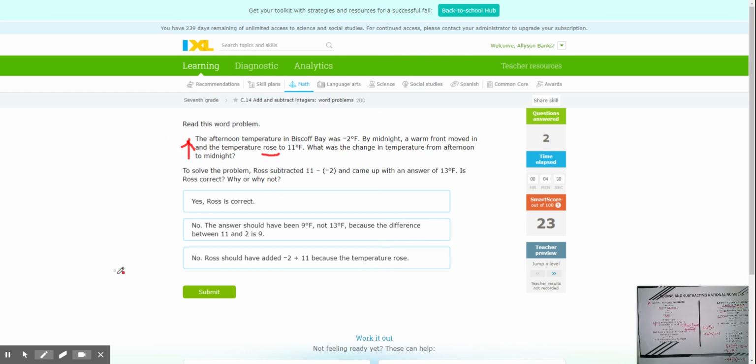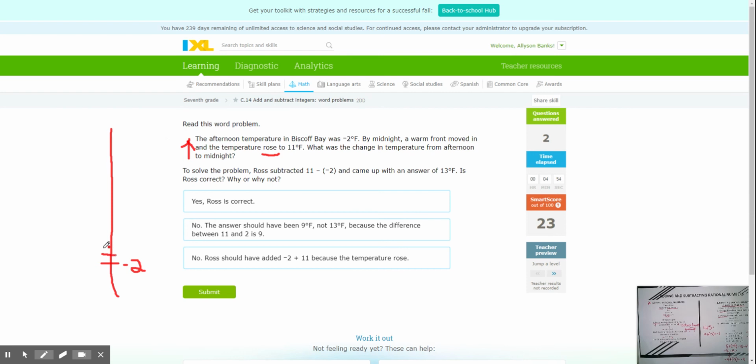All right, so I'm going to draw my thermometer again. Hey, my line was a little straighter that time. And I'm going to start at -2. It says that it rose to 11. It didn't rise 11 degrees, it rose to 11 degrees.